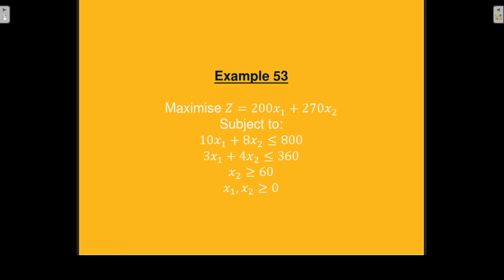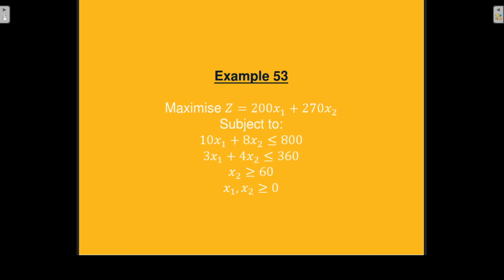So to illustrate this method, we are going to look at example 53. This example is again in the classical form of an LP problem. We have the objective function, and then we have our three constraints and also the non-negativity constraint.